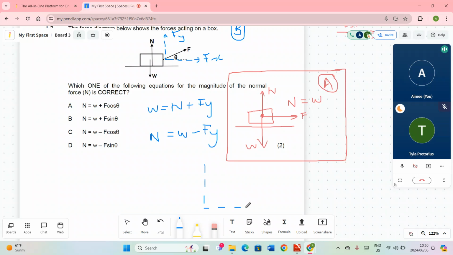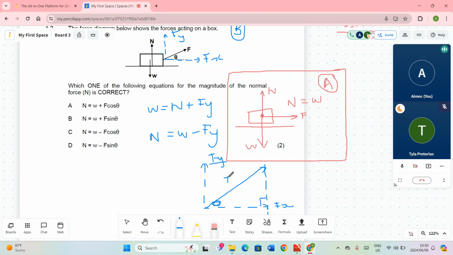We say these are my components. This is my Fy. This is my Fx. This is my applied force. And we create our little triangle, our 90-degree triangle. This is our theta. So we are looking for Fy.